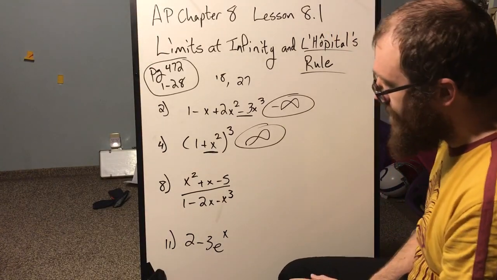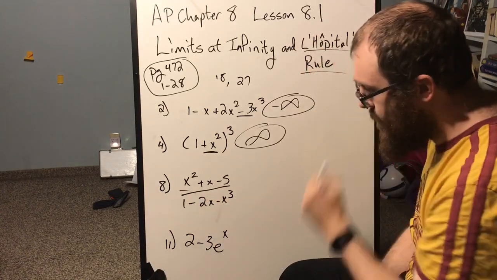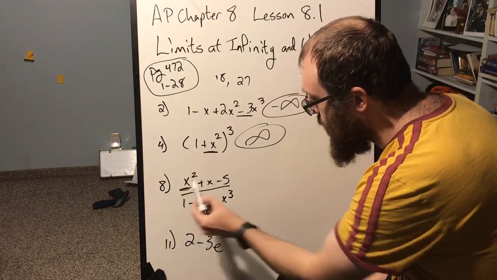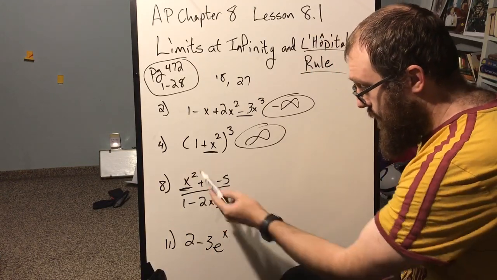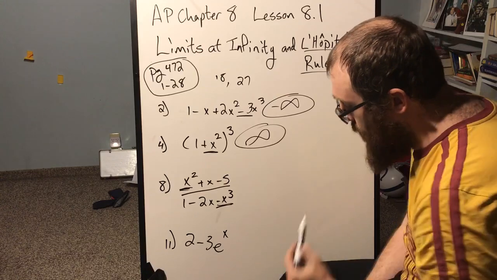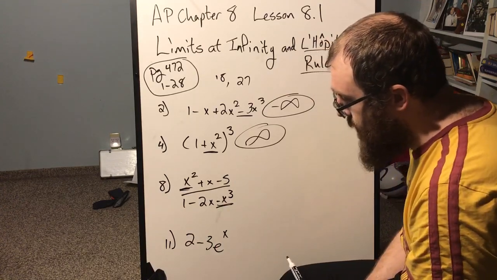Number 8 is next on my list. So I'm looking at the degree, or the largest monomial on top and the largest monomial in the bottom. The degree of the top is less than the degree of the bottom, which means that our denominator is going to take over.